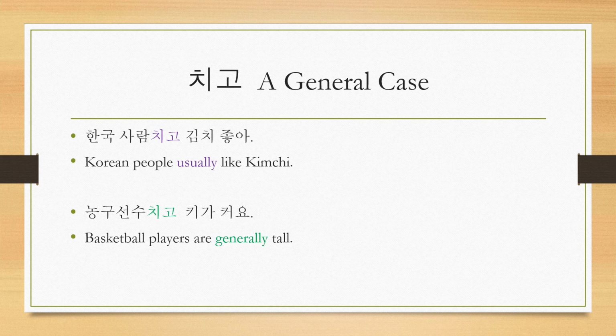And here we have 농구 선수 치고 키가 커요, right? So basically basketball players are generally tall people, right? It's a very good example because basketball players are usually tall, and you add 치고 there and it emphasizes that, makes your case.